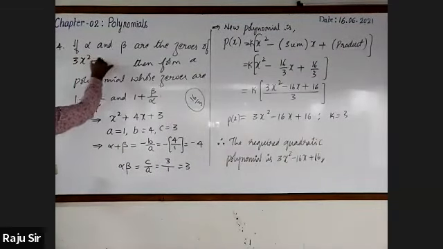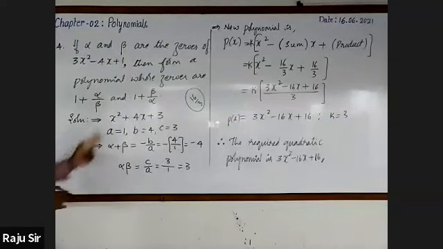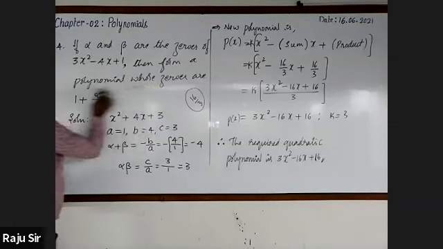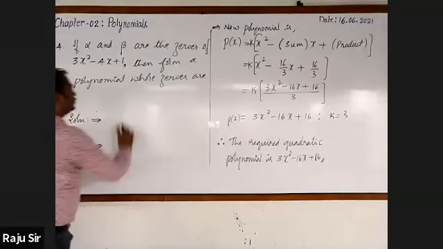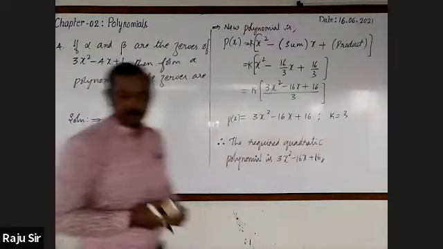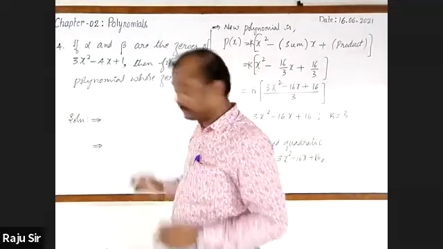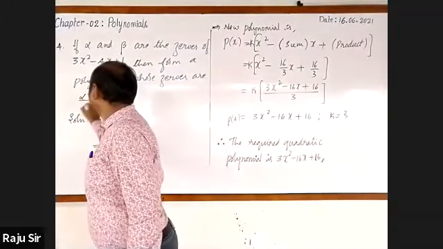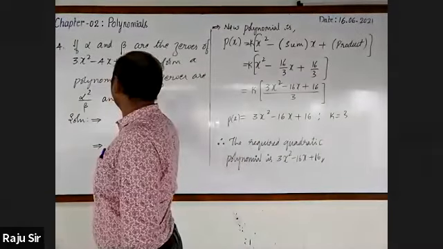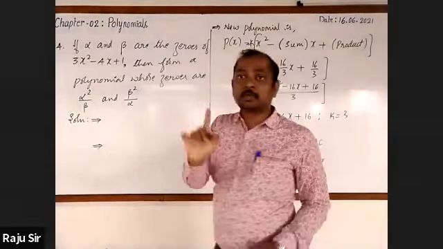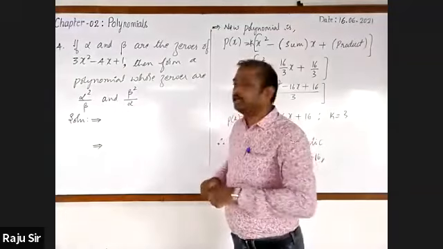Then form a polynomial whose zeros are alpha squared by beta and beta squared by alpha. Even this was also given in the examination. So as I've already taught, try to do that yourself.